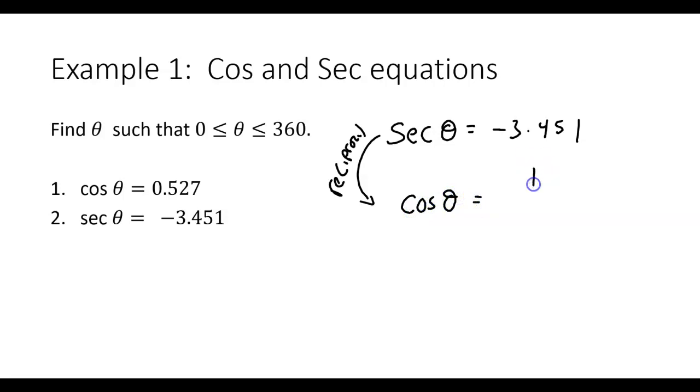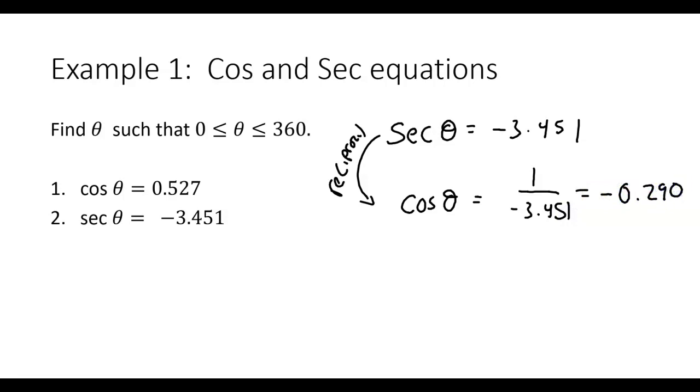And over here we have 1 over negative 3.451. So we can just do that on our calculator real quick to simplify it. We'll do 1 divided by negative 3.451. And I end up getting negative 0.290.